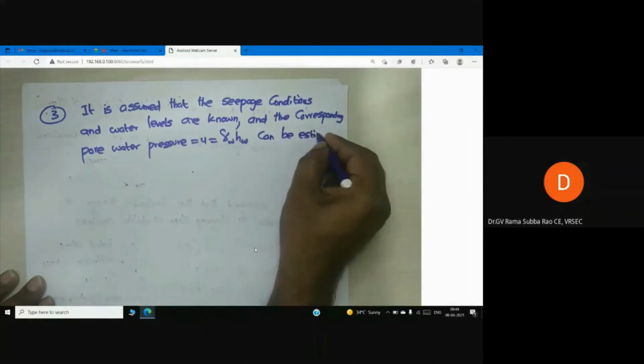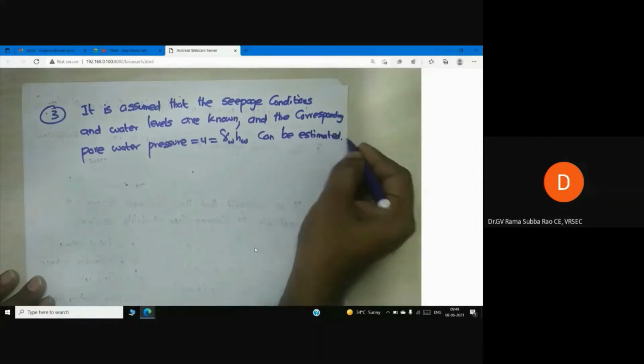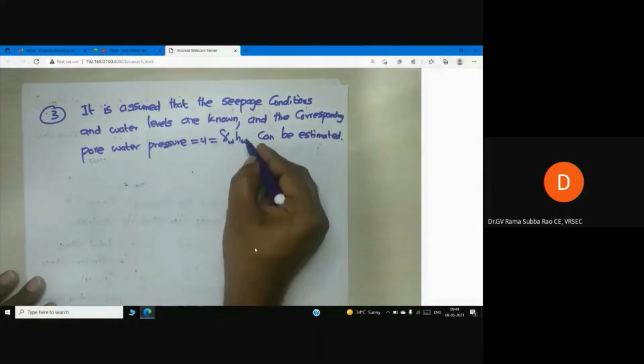It is possible to estimate the pore water pressure by knowing the height of water.